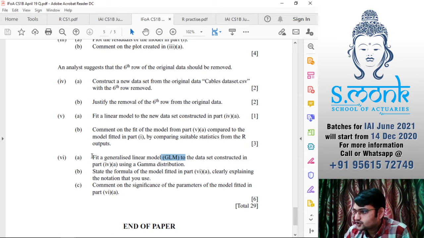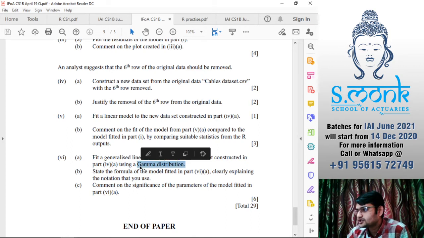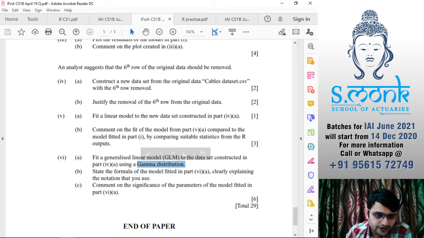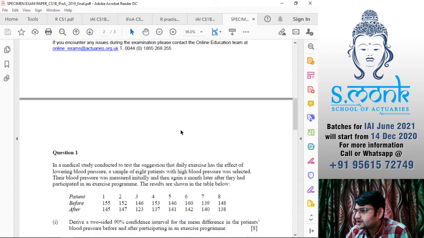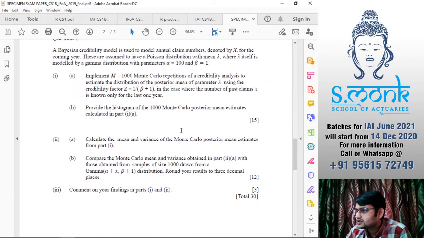Now see, in this question they have literally said fit the generalized linear model to the data set constructed in part 4a using a gamma distribution. They have already specified that our family is going to be gamma distribution. Sometimes they do not specify that. Let me take one question where they do not specify the family.